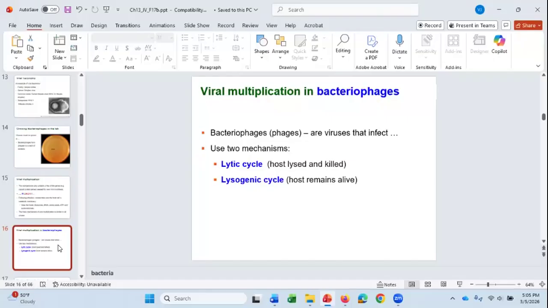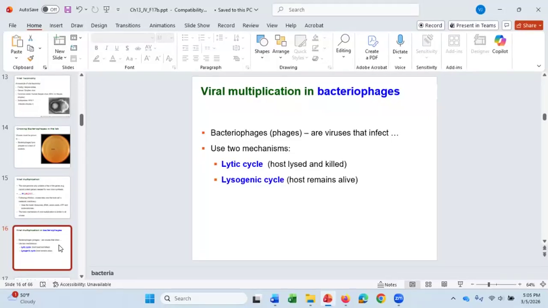In the lytic life cycle, the host cell will be lysed. When the cell replicates the viruses, the last thing the virus does is lyse the host cell, and that releases the newly replicated viruses. In the lysogenic life cycle, the host cell remains alive. So the two remain in symbiosis as long as the lysogenic life cycle continues.